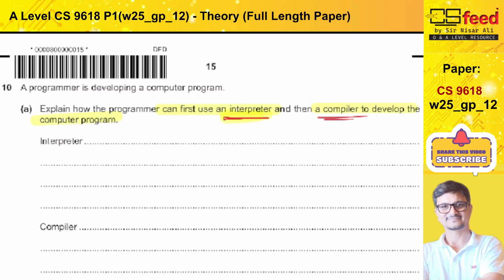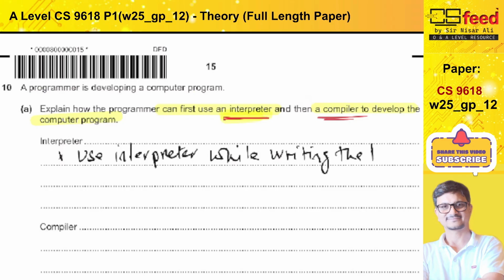All right. So first of all, a programmer can first use an interpreter and then a compiler. So we need to see when it uses the interpreter. So what is the interpreter? Interpreter means use the interpreter while writing the program. This is the key point. Right?